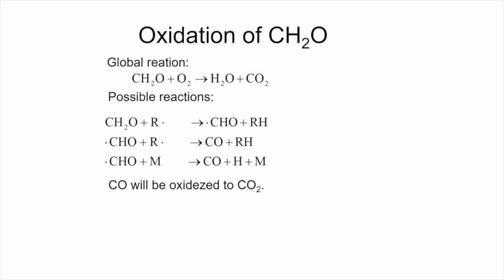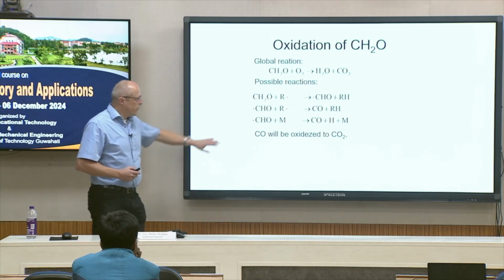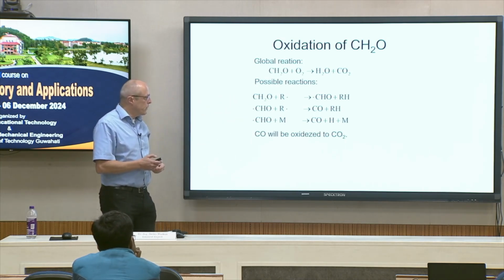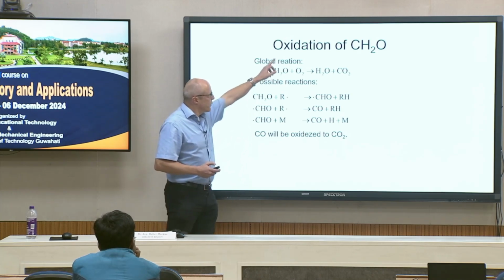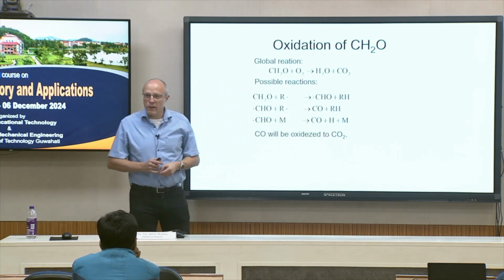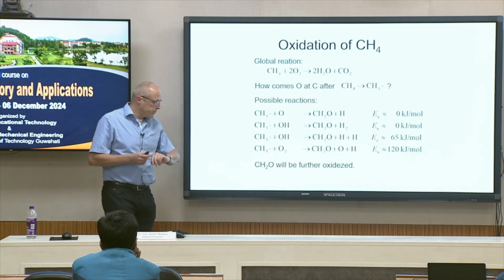So formaldehyde plus a radical R gives a CHO radical plus RH, and so on. So different reactions have to be considered. And here, this formaldehyde gives carbon monoxide, which then can finally be oxidized to carbon dioxide.